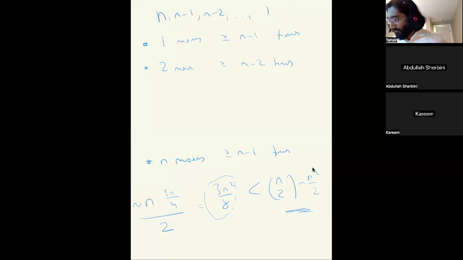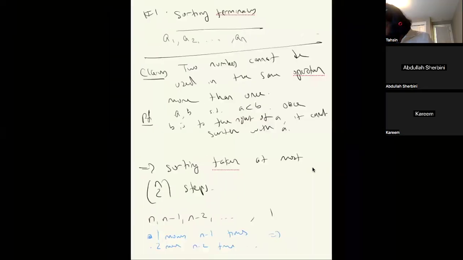The problem here is that maybe 1 will move to the left, and then sometimes it'll come back to the right a little bit. Things aren't always moving towards their destination. So what's the idea?